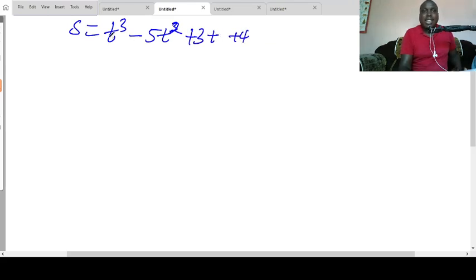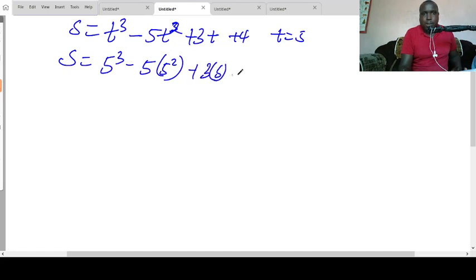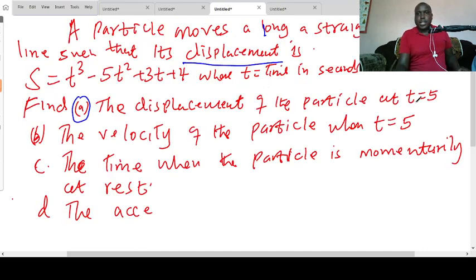But we have been told to find the displacement when t is equal to 5. So you simply say s will be 5 cube minus 5 times 5 square, plus 3 times 5 plus 4. And that will give us the distance, or the displacement. You will realize that that is going to be 29 meters.